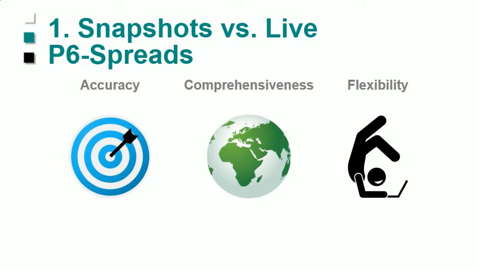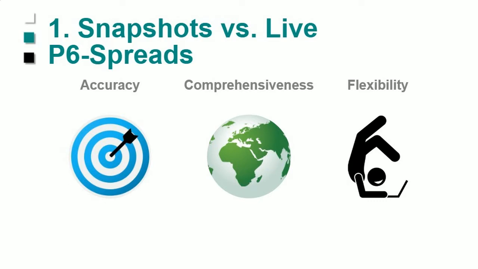The spreads are fully there, comprehensive. They match P6. And by doing the snapshots, you get a lot of flexibility because it's similar in a way to a baseline, but you have a snapshot. We've made the fields and the tables easier to consume, so they're easier to build reports off of, and the accuracy is there.